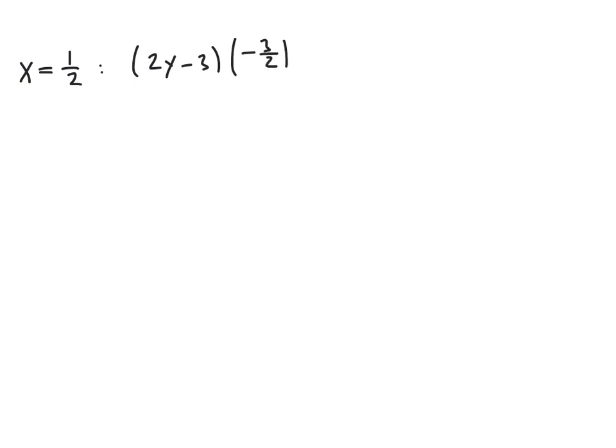And the last term is 1/2 plus 1, which is positive 3/2. We want that to equal 0. These constants can be divided out on both sides, and so really we just have 2y minus 3 equal to 0. This gives us y equal to 3/2.